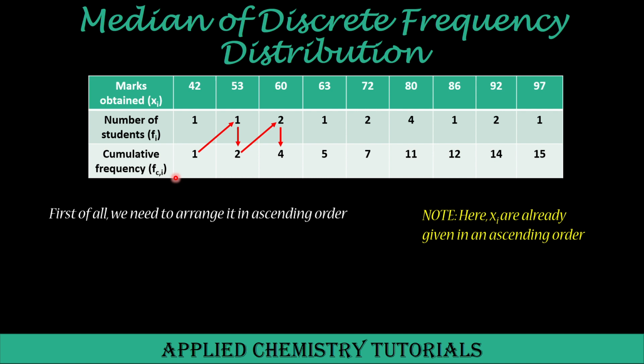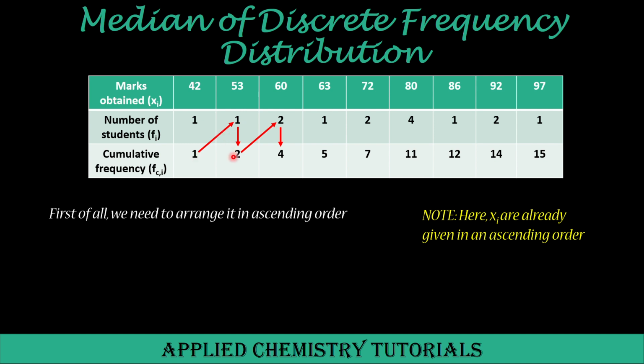Now we need to calculate the cumulative frequency, or cfi. For the first column, the cumulative frequency equals the number of students, or the frequency itself. From the second column onwards, the cumulative frequency equals the frequency of that column plus the cumulative frequency obtained in the previous column.